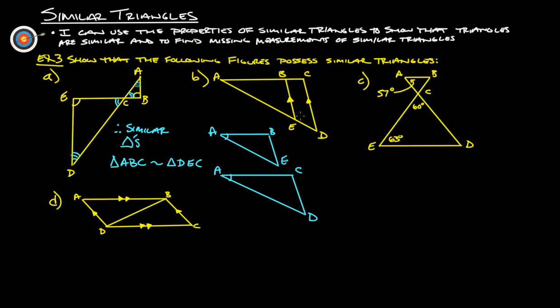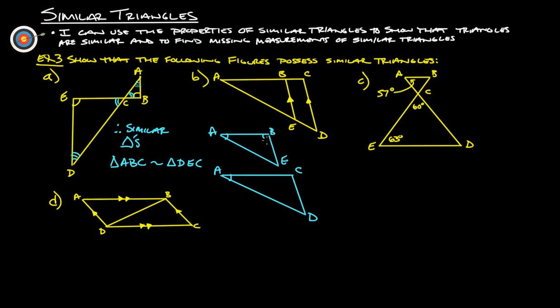Okay, and now we know that these are parallel. B, E, and C, D are both parallel lines. Since they're parallel and both use this same side here, this angle here has to be the same as this angle here, because these lines are going down at the exact same slope.